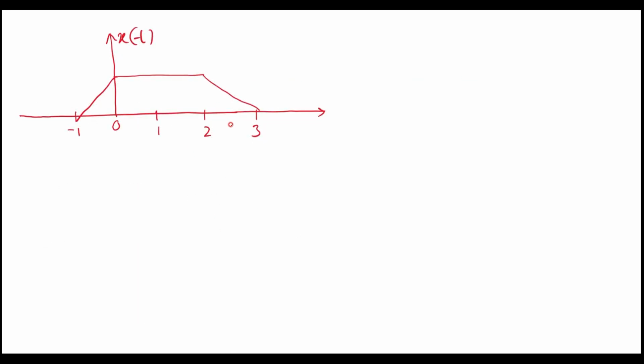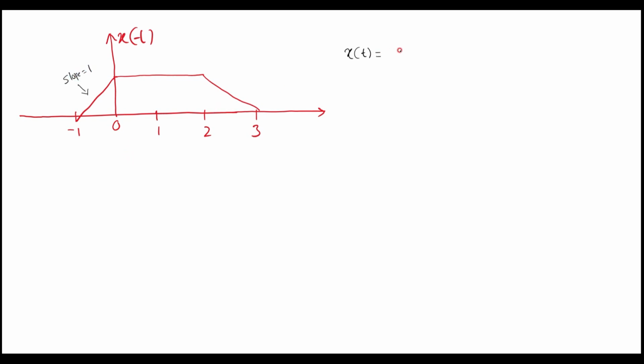Now to find the energy of x of t, we'll represent this x of t in terms of equations. So here we can observe that x of t from minus 1 to 0 is a ramp signal, and the slope of this ramp signal is 1.